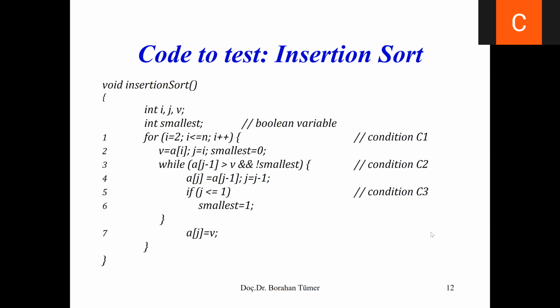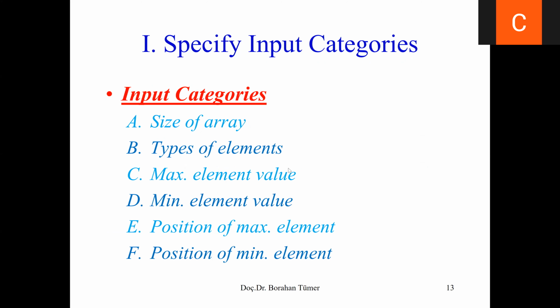Exactly, and the positions of the maximum and minimum elements. Exactly. Okay, great. I think we have six different categories already specified. These are the size of the array, type of the elements, maximum and minimum elements in the array, and their positions. Great.